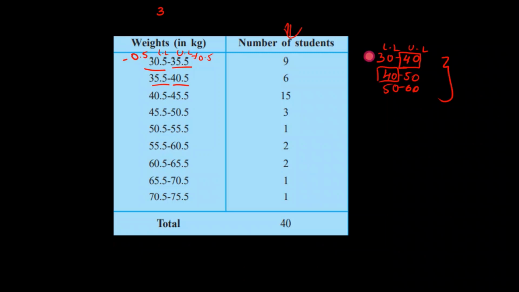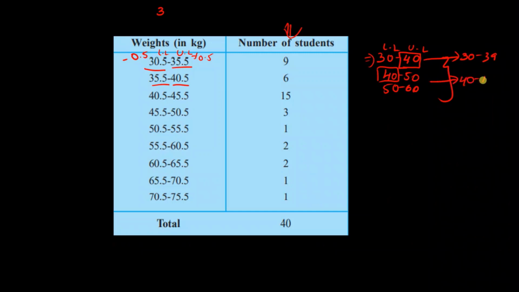So the upper limit of this interval, that is 40, will be included in the next interval as the lower limit. Whatever number is the upper limit, it won't be included in that interval; it will be included in the next interval. So in this interval, 30 to 39 are the numbers which are included.